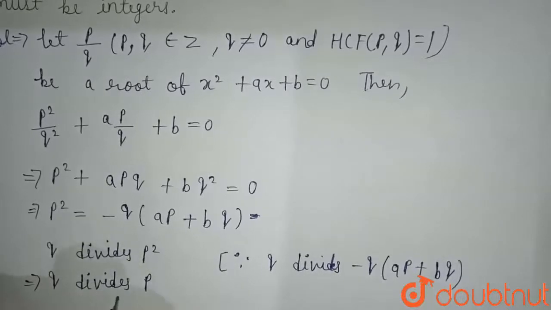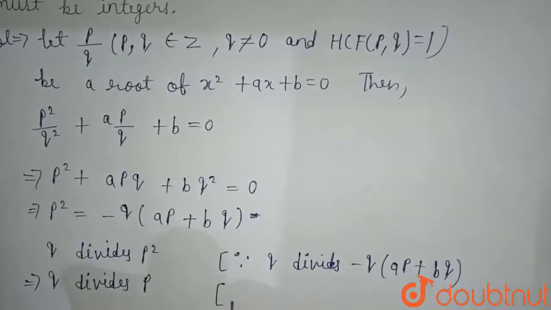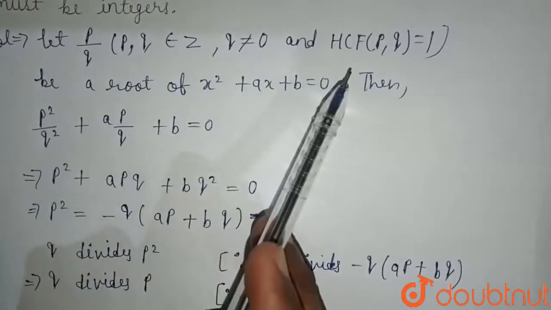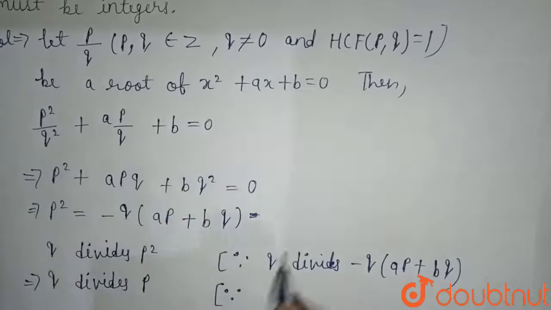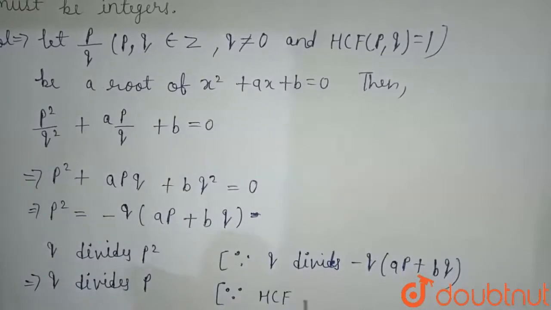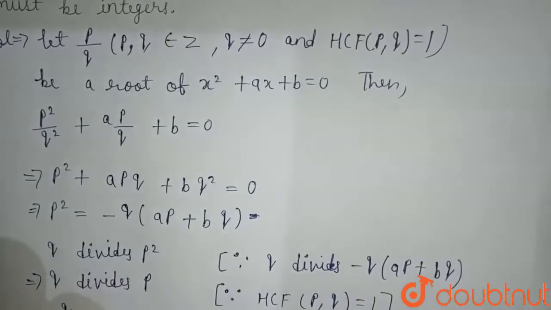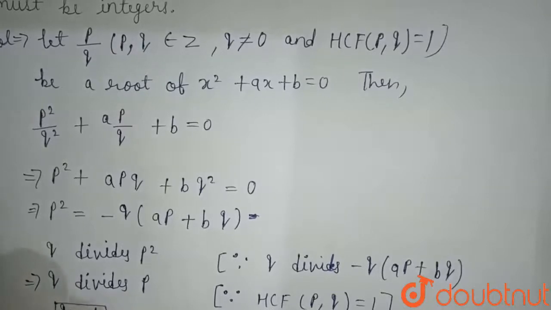Okay, so if q divides p, and we have written here that the HCF of this rational number is 1, that is HCF of p, q is equal to 1, so from here we can say that q is equal to 1 when q divides p.